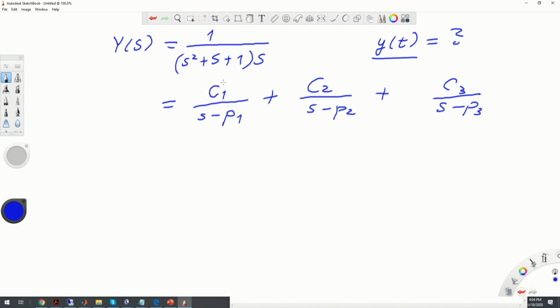Okay, and using the formula we explained previously, we can find c1, c2, and c3, where p1, p2, and p3 are the 3 poles of this function, right? We can already see one of the poles is 0.